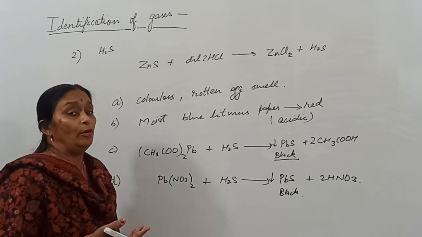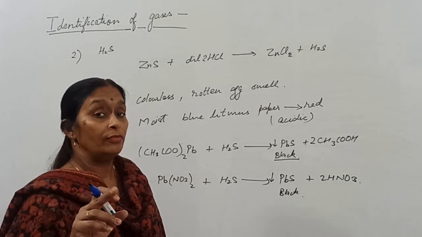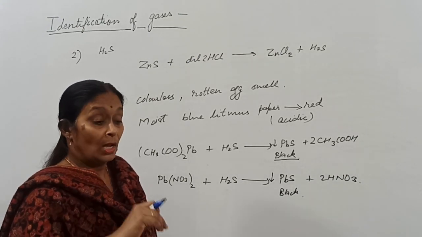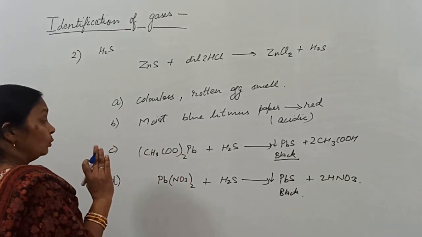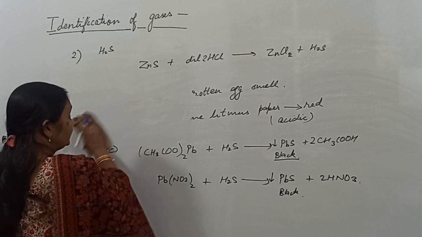One more test is performed for hydrogen sulfide gas, that test which is of KMnO4 and K2Cr2O7. KMnO4 and K2Cr2O7 test is also performed with H2S. Now let me show you.